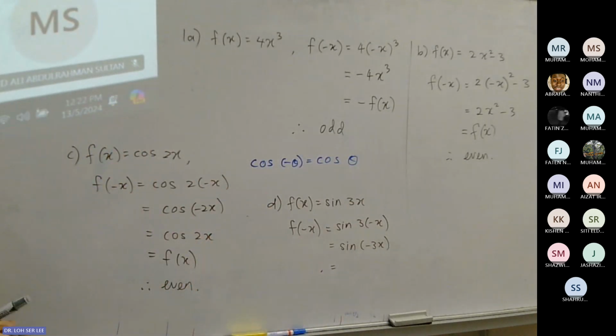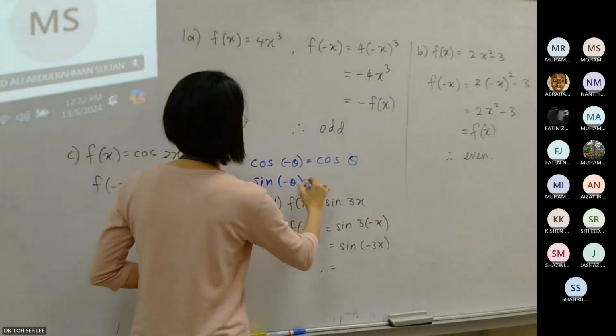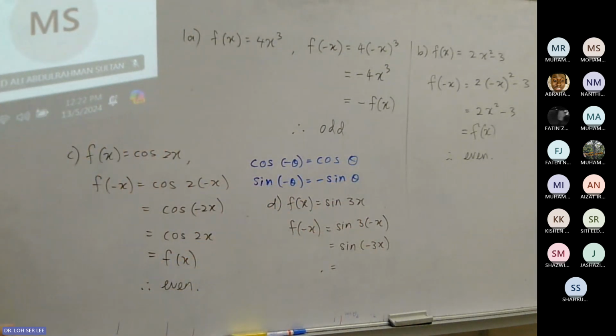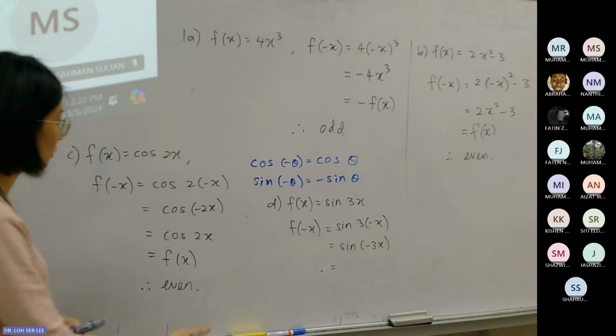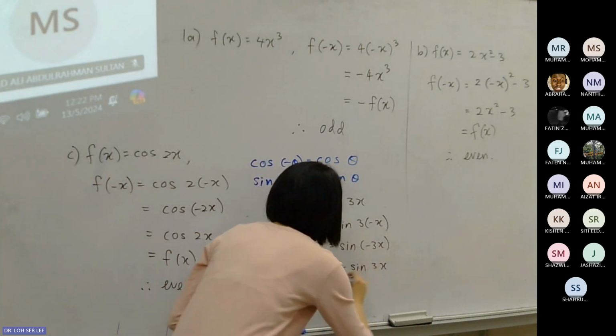And for the sine function, we have this. And this is the negative of sine 3x.